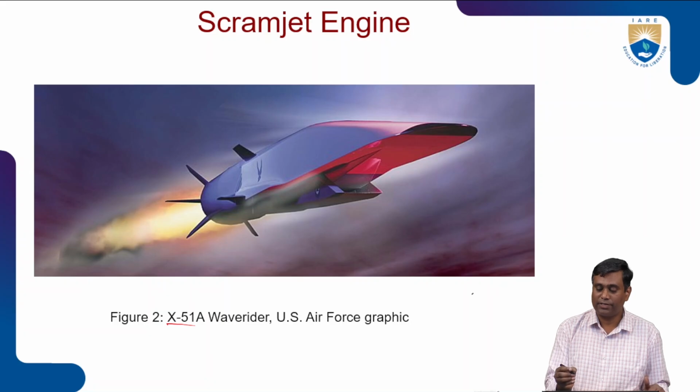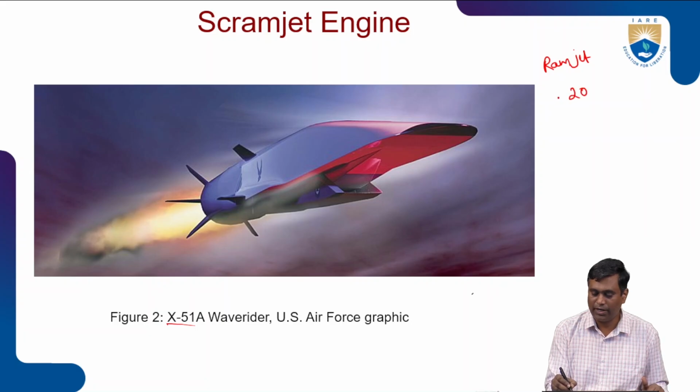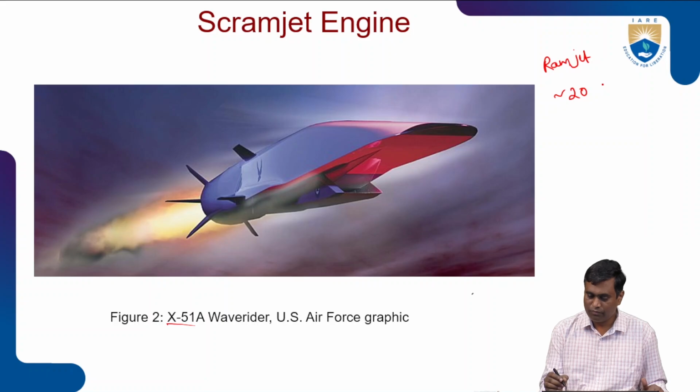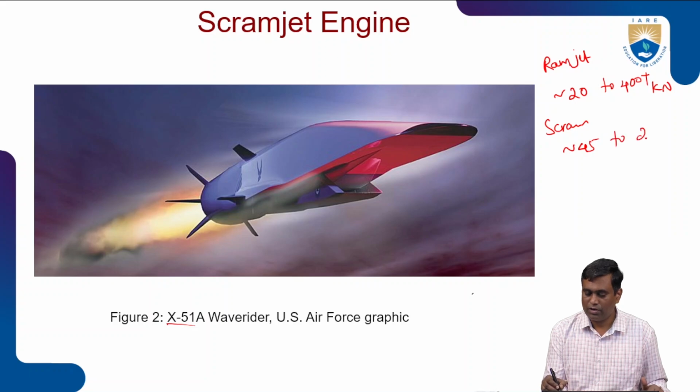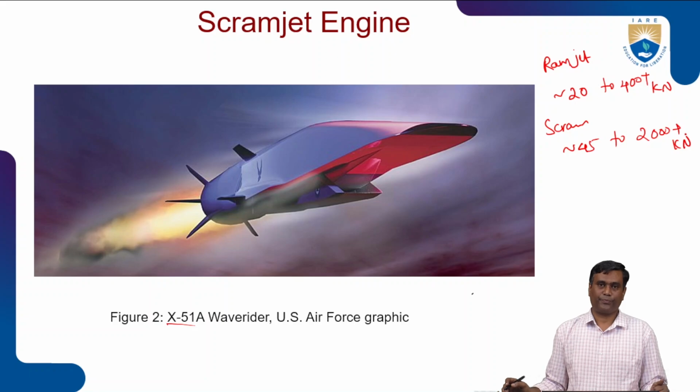In case of ramjet thrust generation, we have seen approximately 20 or 25 to 400 or 450 kilonewton, right? In case of scramjet, starting from 45 up to 2000 plus kilonewton thrust we can generate, right?